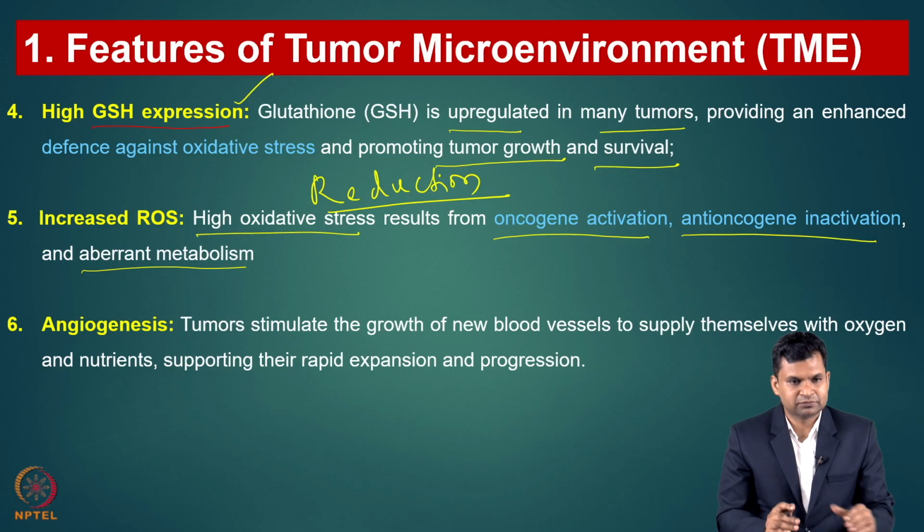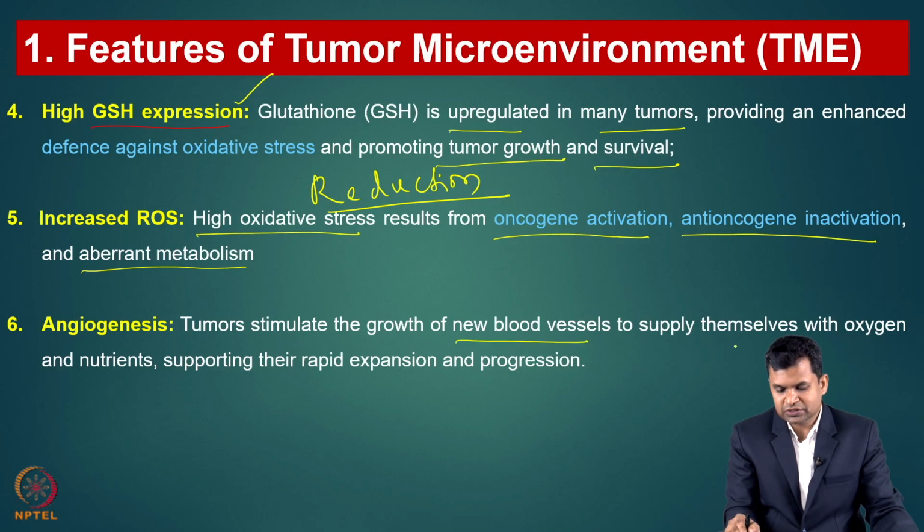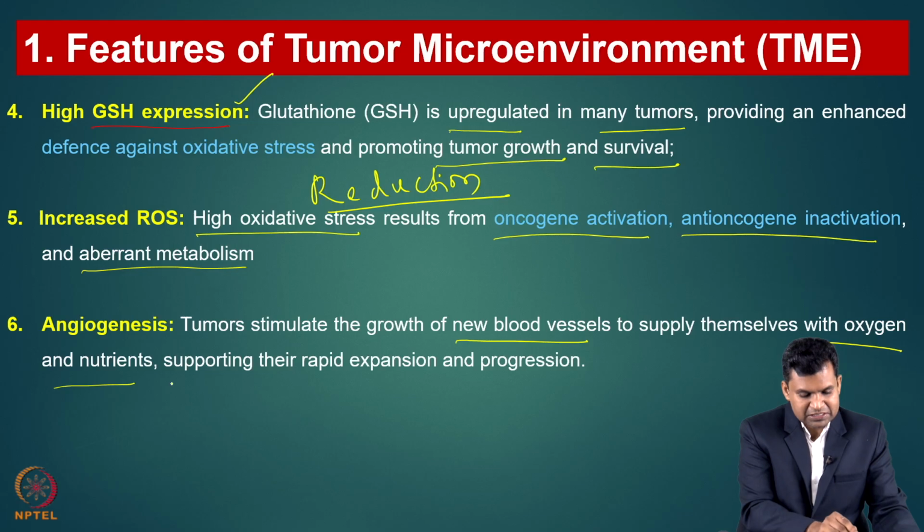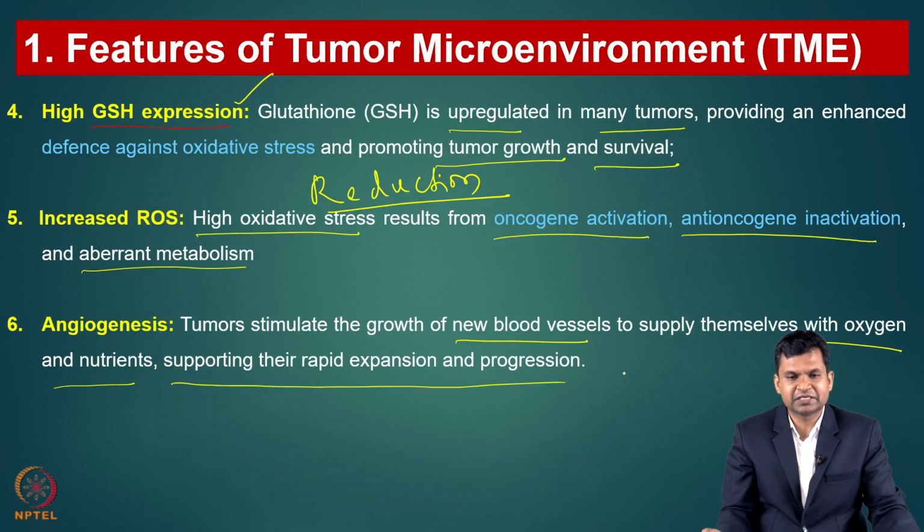And the sixth one is angiogenesis. Tumors stimulate the growth of new blood vessels to supply themselves with oxygen and nutrients, supporting their rapid expansion and progression.